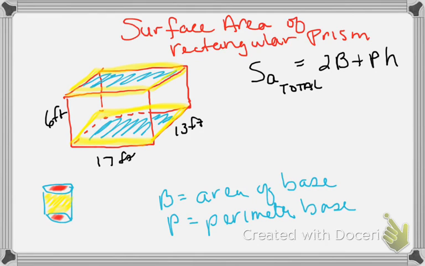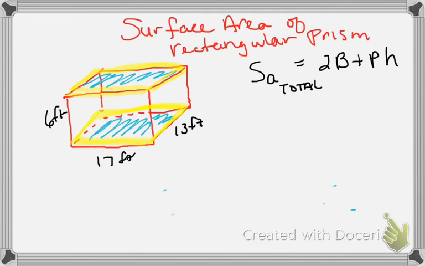So in this case, let's go ahead and find the lateral and total surface area. Let's start with total, and then we'll do lateral separately, even though it'd be smart to do lateral first. Alright, so surface area, I'm going to put T for total, is 2 times the base.